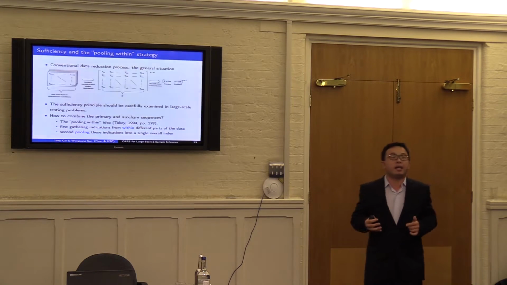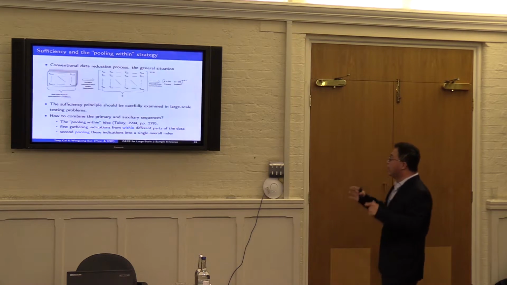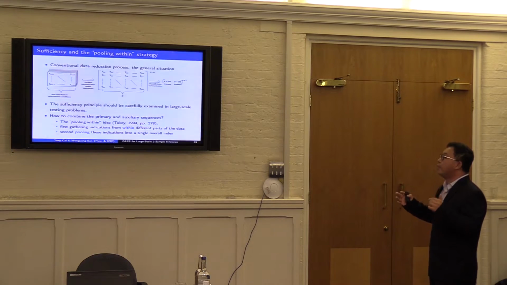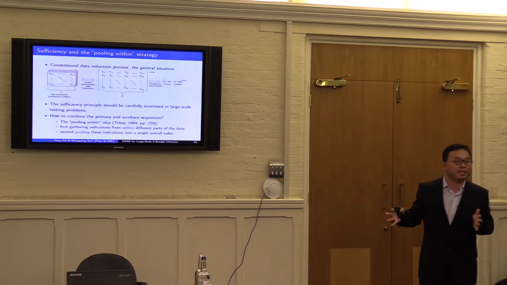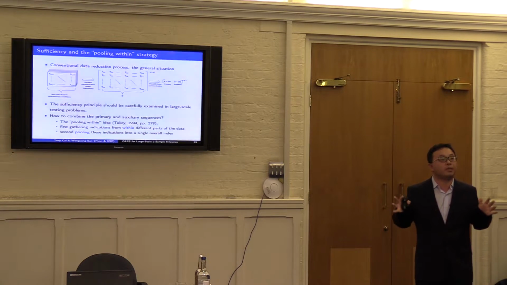The pooling within idea can be described as a two-stage data combination procedure. The first stage is to gather quantitative indications from within different parts of the data. So we have the same data set, but different parts of the data contain useful information.